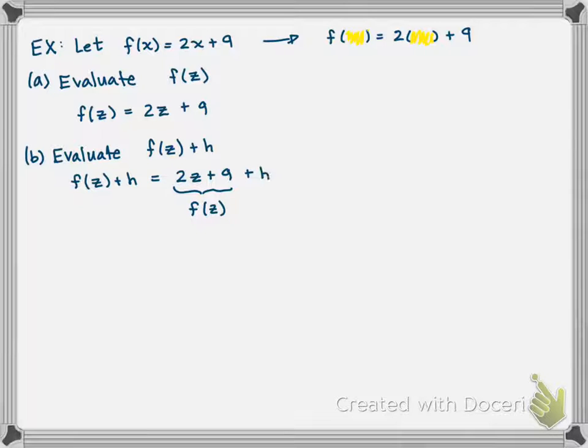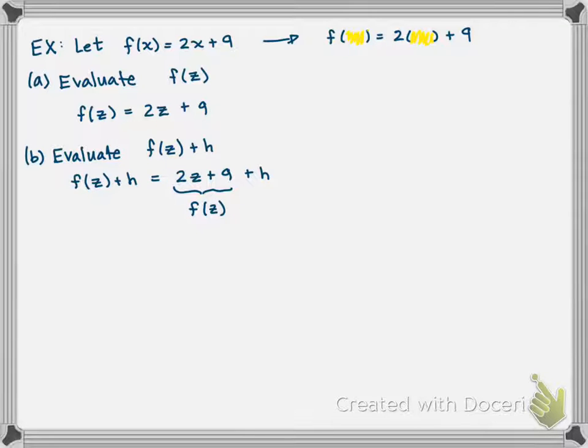One thing we talk about a lot, especially once we start doing transformations, is whether we're acting on the input of a function or on the output of a function. You can do addition, subtraction, multiplication to an input before you apply your function, or you can apply your function and then do those operations to whatever you get as the output. In this case, we're performing the operation plus h on the output of the function because it's outside of those parentheses. If we're acting on the input, it would be inside.